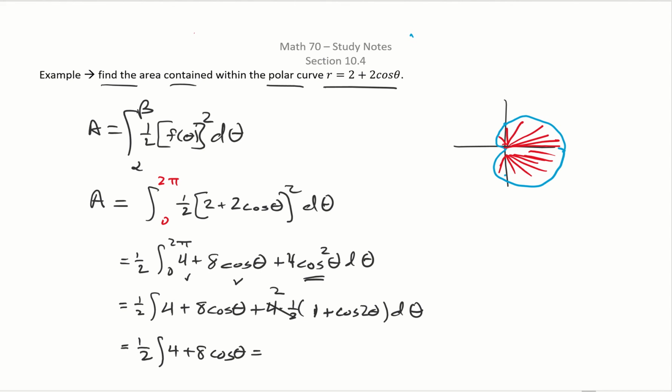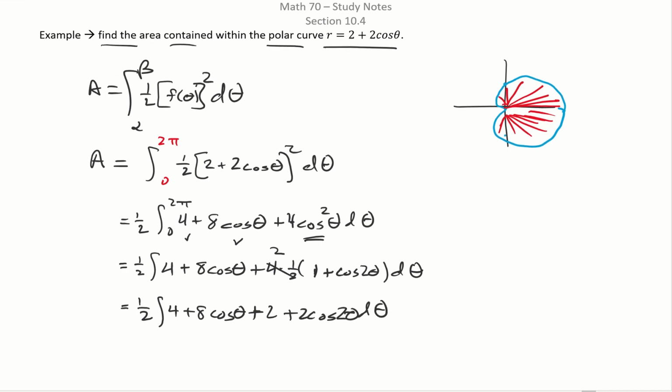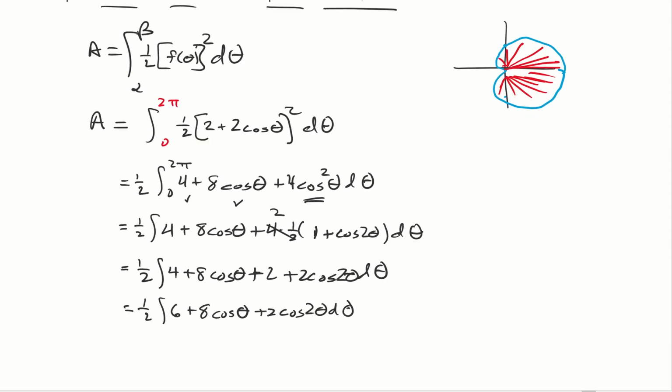So we have plus 2, and then we have plus 2 cosine 2 theta, d theta. I like to put the numbers together, so 1/2 integral, let's say 6 plus 8 cosine theta plus 2 cosine 2 theta d theta. The only one that's an issue is that last term.